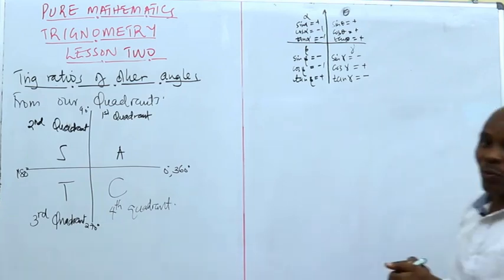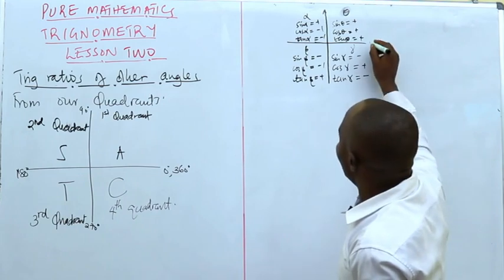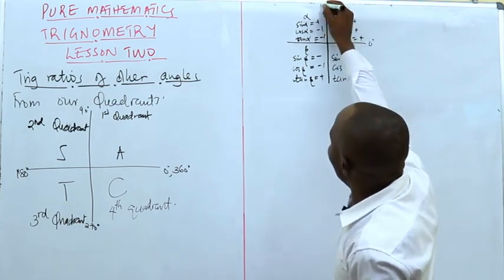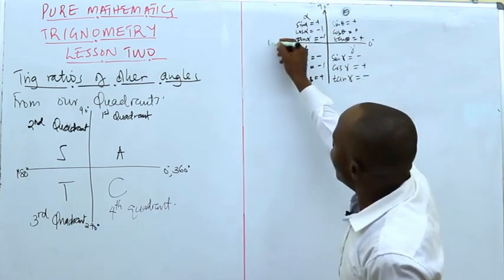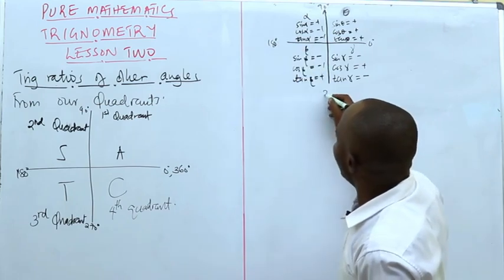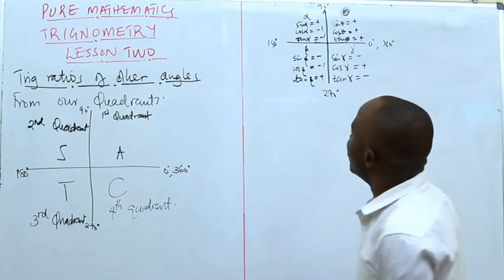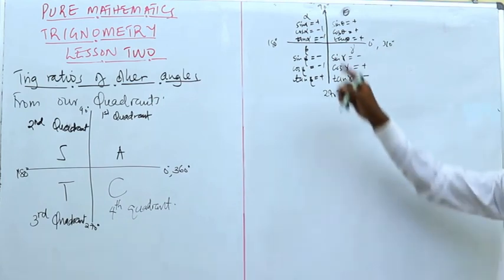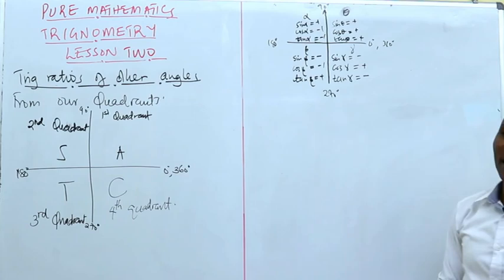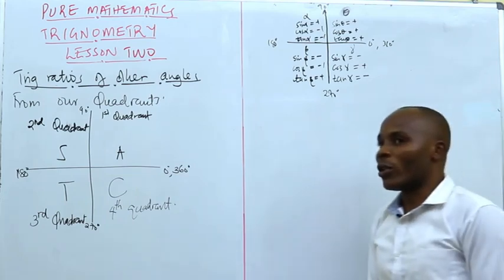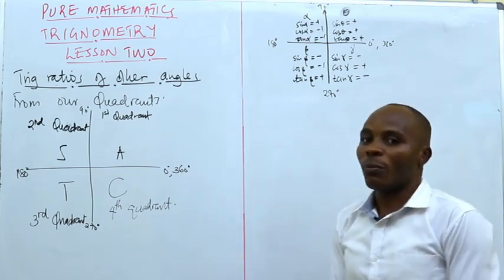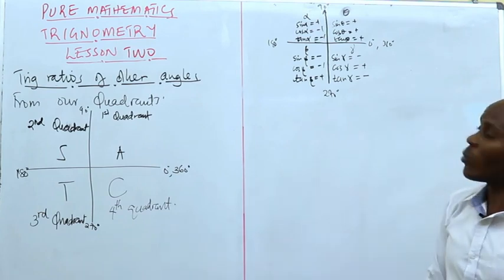I want to remind you that we have 0 degrees, 90 degrees, 180 degrees, 270 degrees, and 360 degrees. So angles between 90 and 180 are only going to give you a positive result for sine. We are going to continue from there.